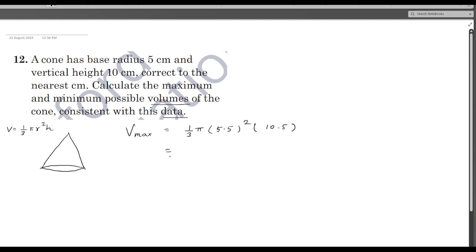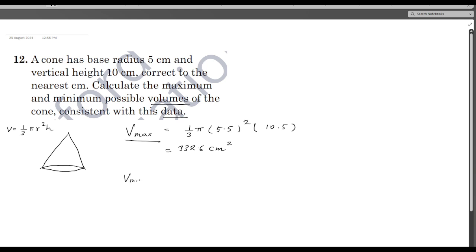So your Vmax will be equal to 1/3 times pi times 5.5 square times 10.5. This gives you result as 332.6 centimeter cube. This is your Vmax.